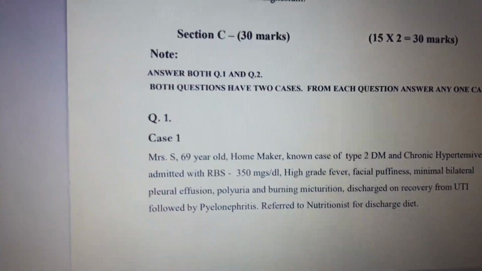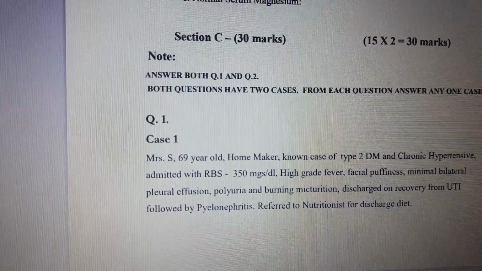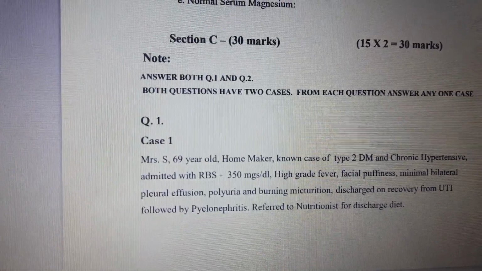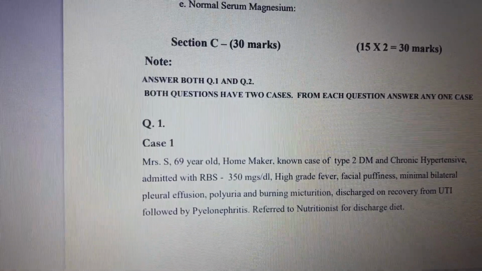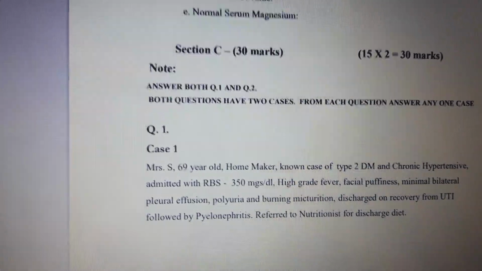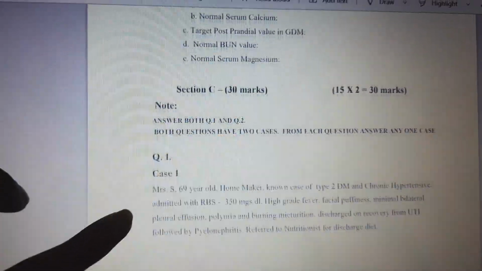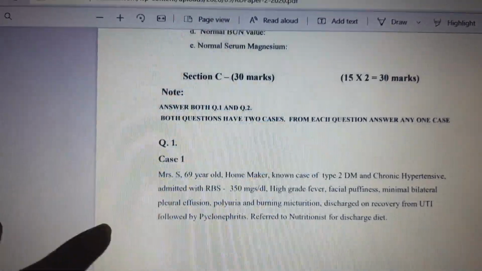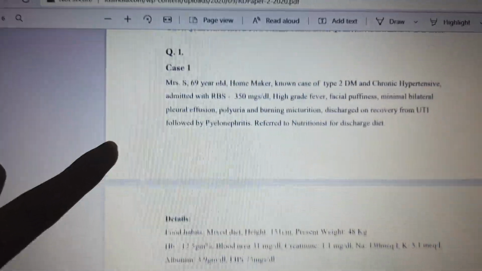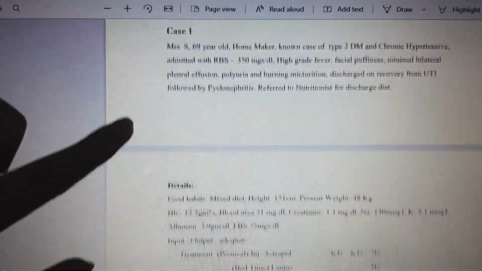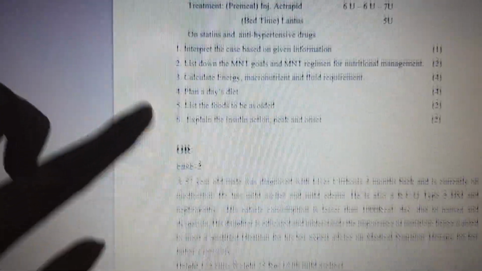So I guess these are like case studies. Note, answer both question 1 and question 2. Both questions have 2 cases. From each question, any one case. So the candidate needs to attempt both these questions and each question has 2 cases. Case 1, details, and case 2.